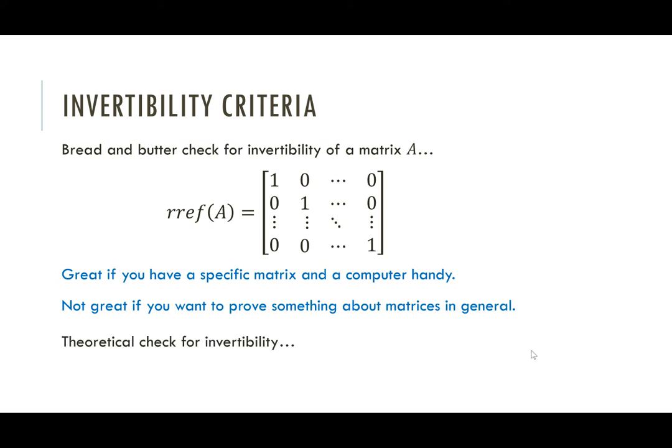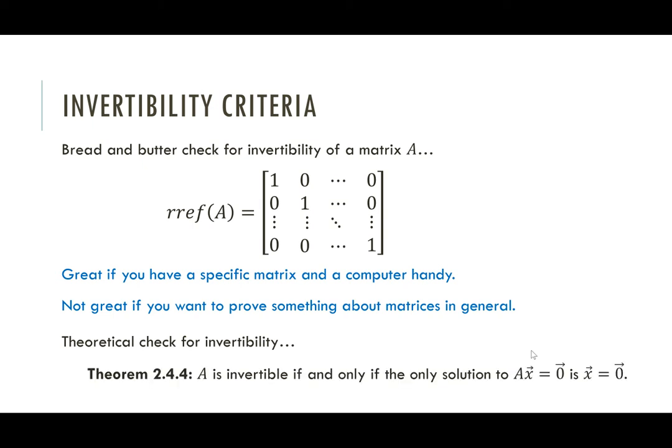So here's a theoretical check for invertibility that you would use in proofs. This is theorem 2.4.4 in your book. It says matrix A is invertible if and only if the only solution to the equation Ax = 0 is x = 0.